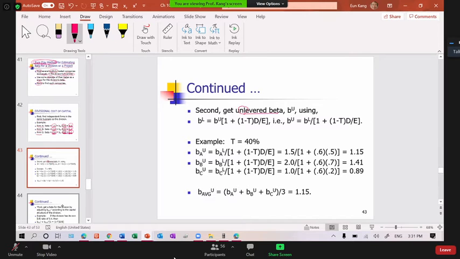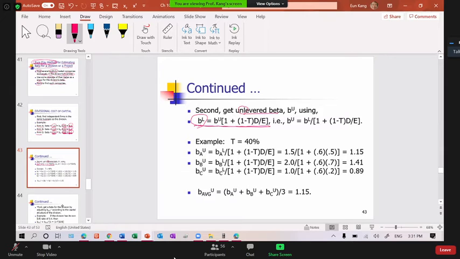We'll talk more in chapters 15 and 16. This is Hamada's equation. We'll talk about that later, but we just borrow the formula. The relationship is: this is levered beta, which means beta with some financial leverage.